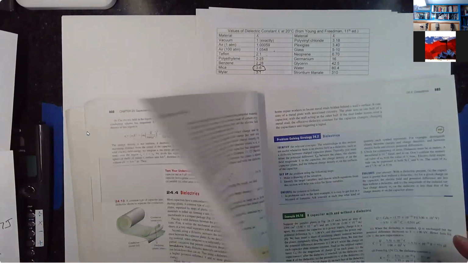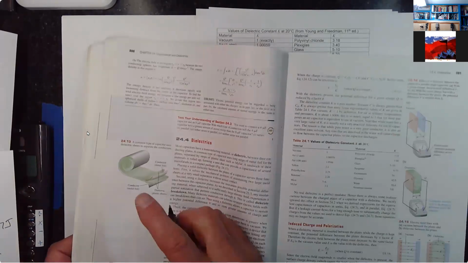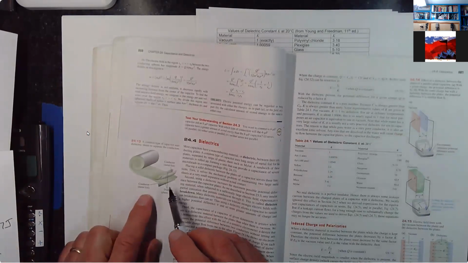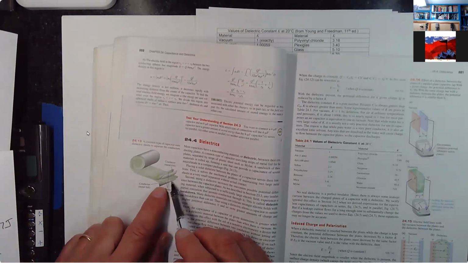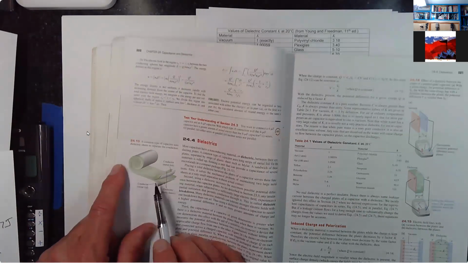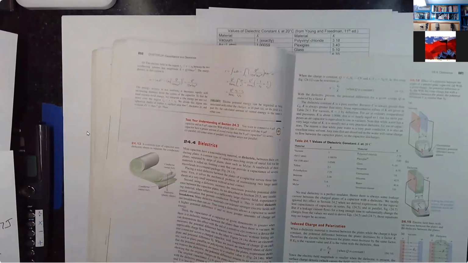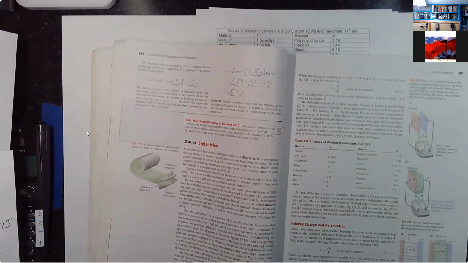Oh, here it is. On this page, you have your metal foil, and in between you have the dielectric, which could be plastic sheets, and you can roll the whole thing up and have a much more compact thing, even though you still have the same effective area.